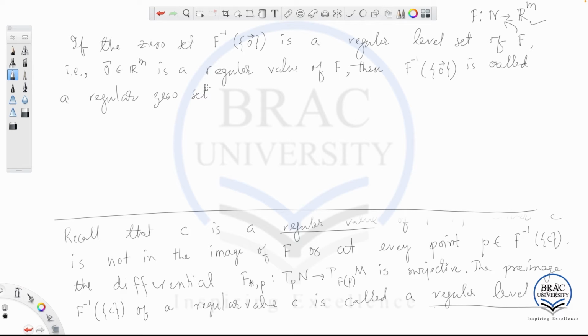So it's a zero set, and at the same time it is the pre-image of a regular value. That is why we call it a regular zero set.